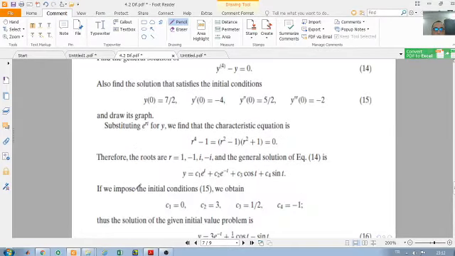Of course, when we have complex roots, we will use the formula, if you remember.